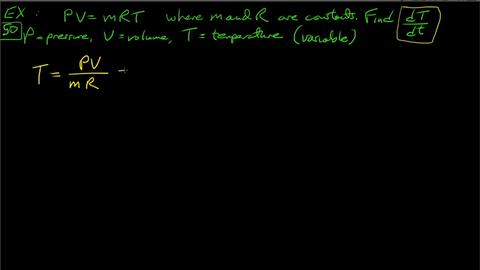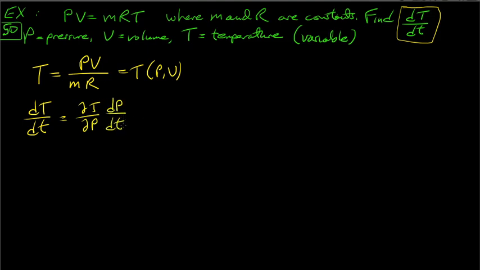In other words, it's T as a function of both P and V. So in order to find the derivative of temperature with respect to time, well, we take the partial of temperature with respect to the pressure, and then the derivative of pressure with respect to t. Yep, I don't think that's a partial. Plus the partial of the temperature with respect to volume, and then the derivative of volume with respect to t.